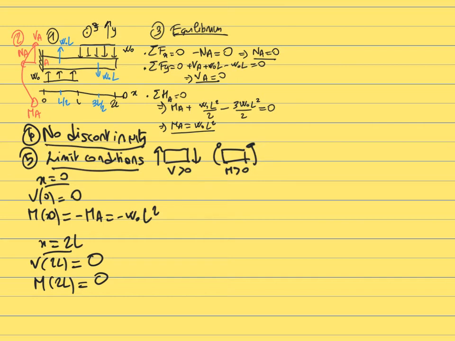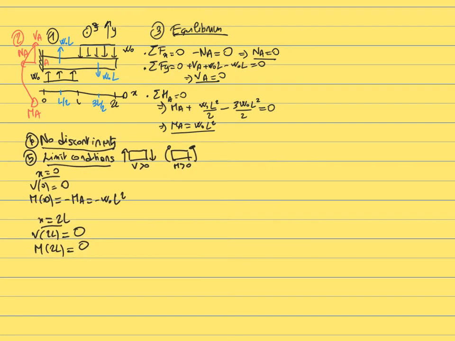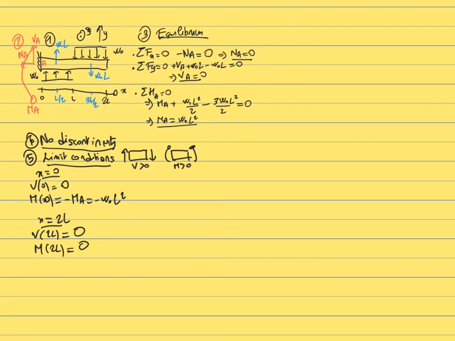So now that we have the absence of discontinuity in this case and the limit condition, we are ready to start plotting the load diagram, the internal shear and the internal moment, and to derive each of those curves by doing a numerical, graphical integration.